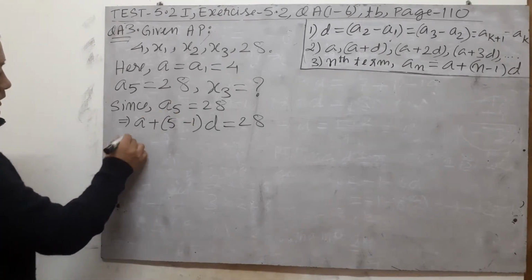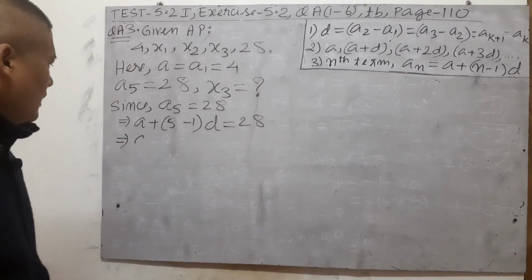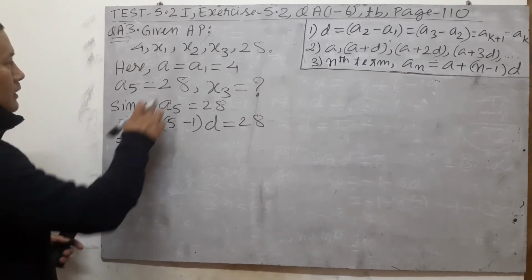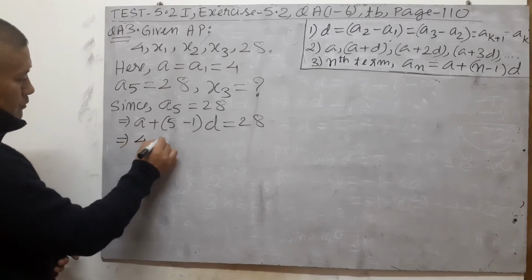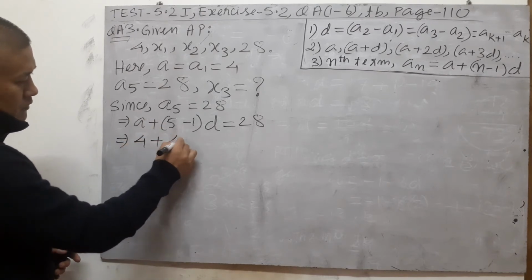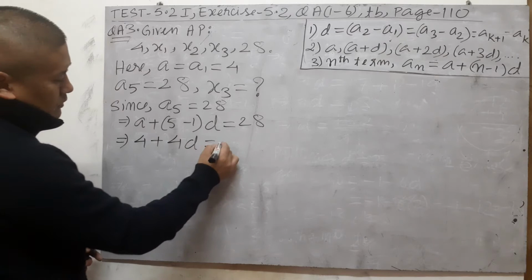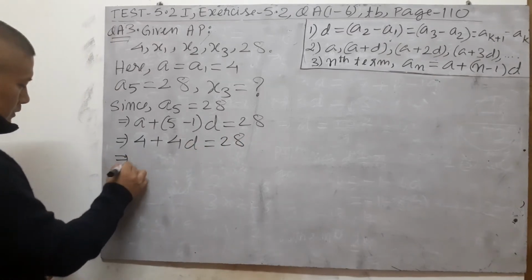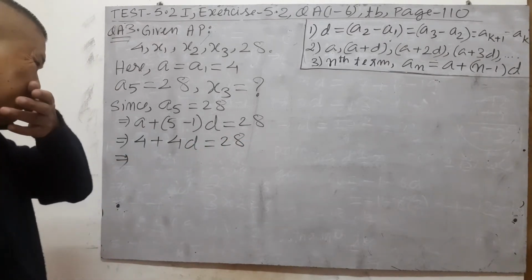A value is given 4, plus 5 minus 1 is 4, so 4D is equal to 28. So we're going to get your D value here.